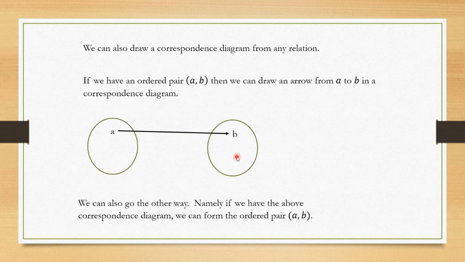You can imagine having an ordered pair, A, B, in the relation. So from here, we can get an ordered pair. So there is a connection between relations and correspondence diagrams. That's what I'm trying to say. Hopefully I'm being successful, but I think I am.